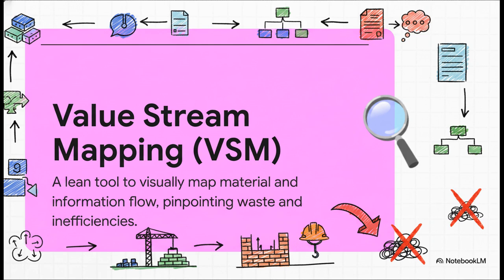It uses a very specific set of symbols to map out everything required to get the job done. By meticulously documenting every single step, it forces us to see exactly where value is being created, and more importantly, where it absolutely isn't. It takes that invisible waste, which is often called muda in lean terminology, and makes it glaringly visible and totally actionable.